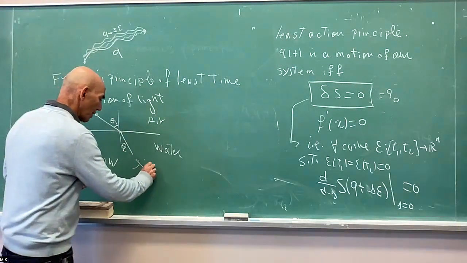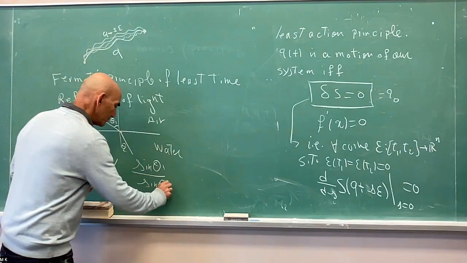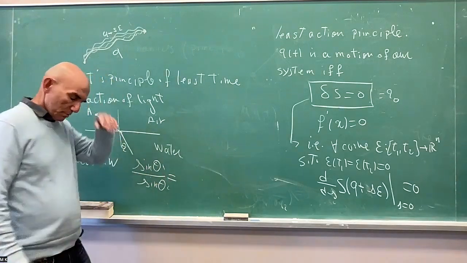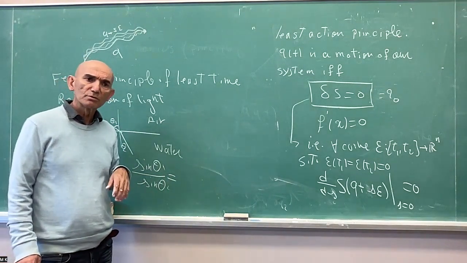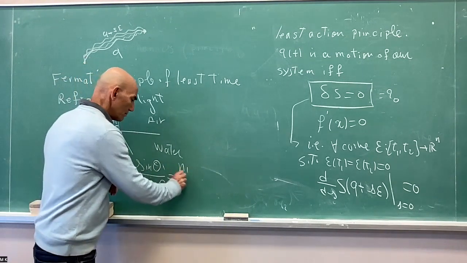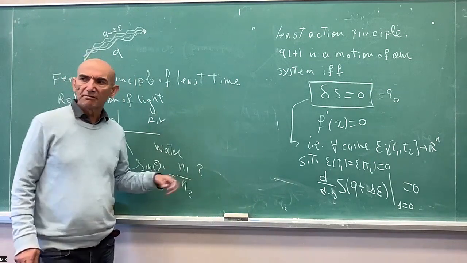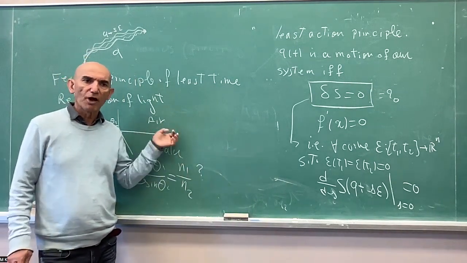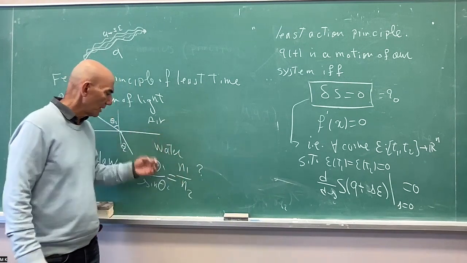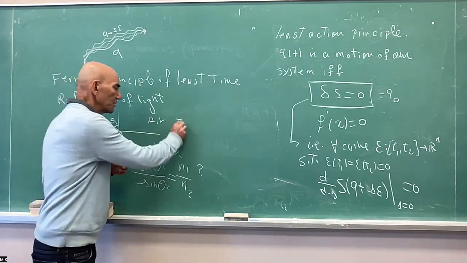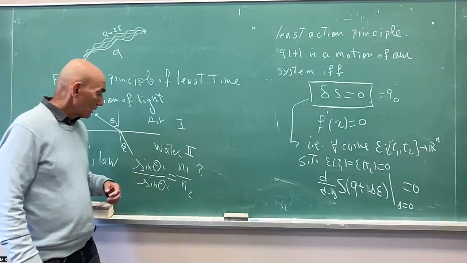The sine of theta 1 over the sine of theta 2, I believe, is equal to n1 over n2. So n1 and n2 are refraction indices of light in medium 1 and medium 2. So this is medium 1, this is medium 2.